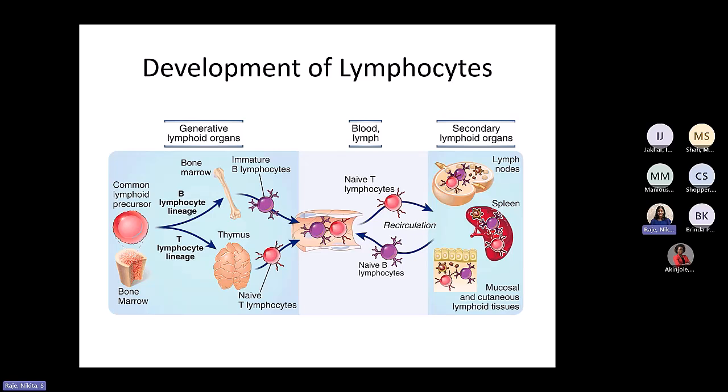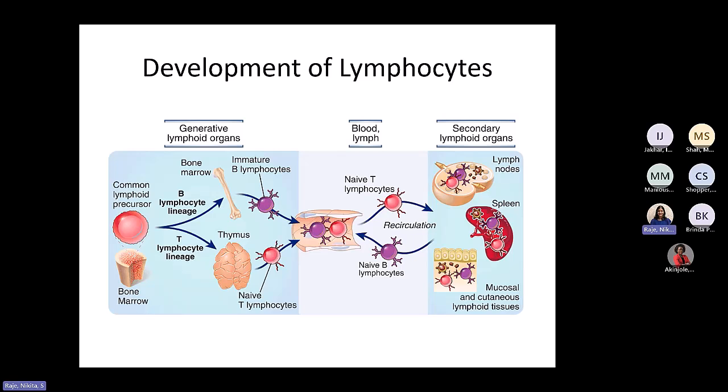Important to remember, primary lymphoid organs are the ones that help in generation of lymphocytes, and they provide the cytokines and self-antigens that are required for production as well as development or maturation of lymphocytes, compared to the secondary lymphoid organs like lymph nodes, spleen, mucosa, or cutaneous associated lymphoid tissues.